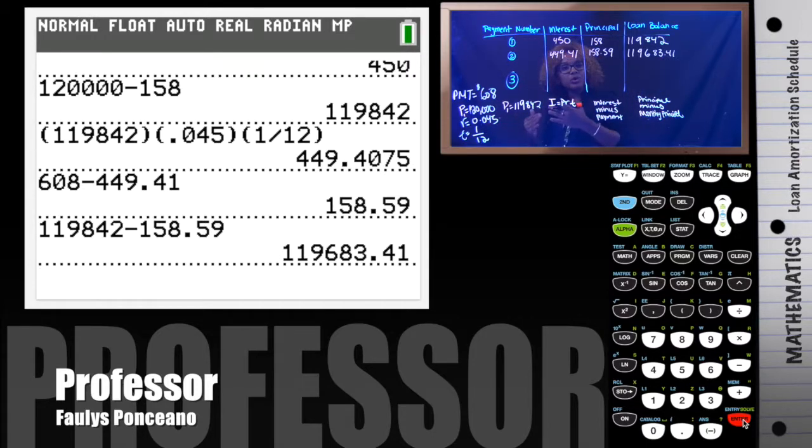And this will be a process that you do for 30 years. But in this example, we only have to do this by hand 3 months because it's by hand. We do the principal again. Now we're using this principal for the third part. So let's put my P3 right here, 119,683.41.